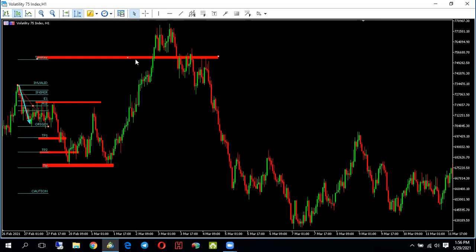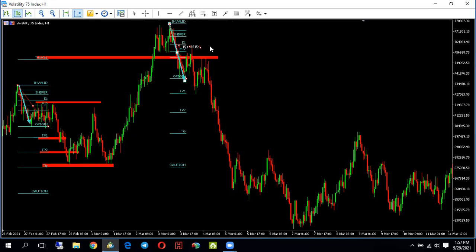Now you observe that after price came and broke the turnkey, it made a reversal. And then we had this new impulse. So all I'm doing right now is just breaking down the market for you based on Fibonacci levels.